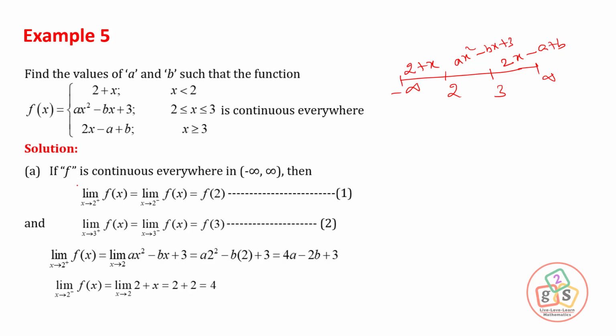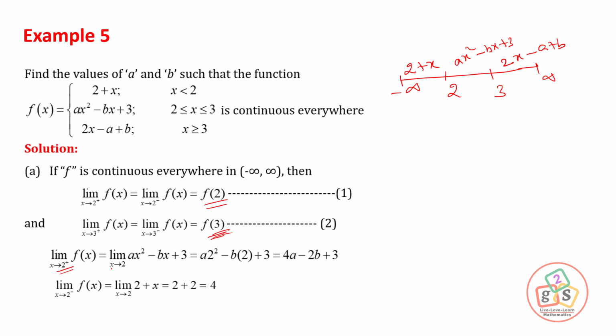If f is continuous everywhere on the real line, in particular the function is continuous at x equals 2 and x equals 3. That is, the left hand limit and the right hand limit are both equal to f of 2. Similarly, the left hand limit equals the right hand limit equals f of 3. Now take the right hand limit, limit as x tends to 2 plus of f of x.